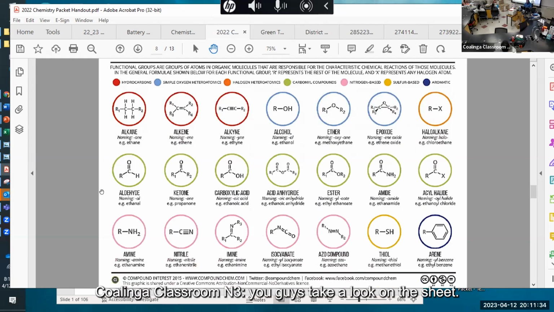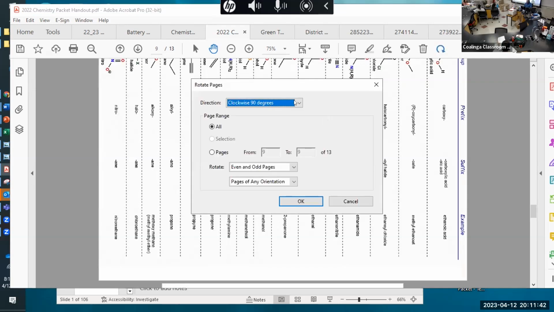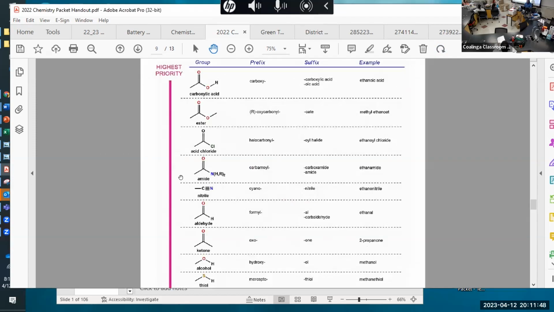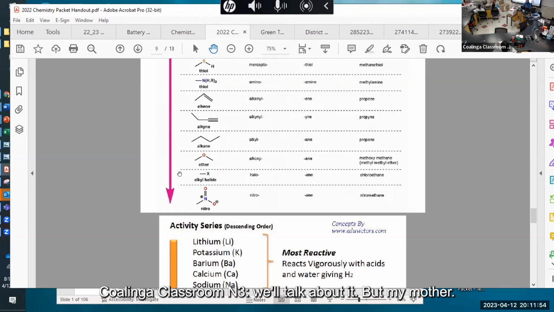So you guys take a look on the sheet. We won't talk about these, but at the bottom of the page you have your alkyl halides, and those guys are at the bottom.